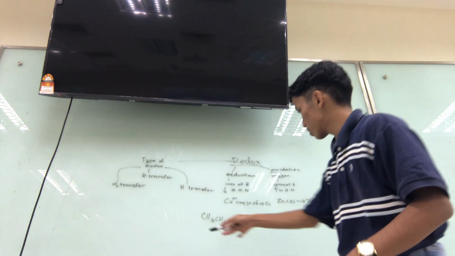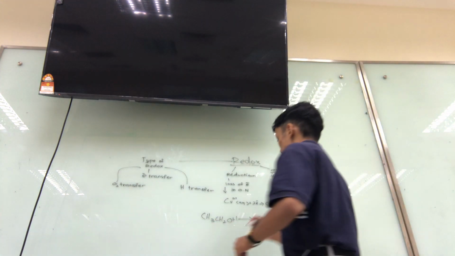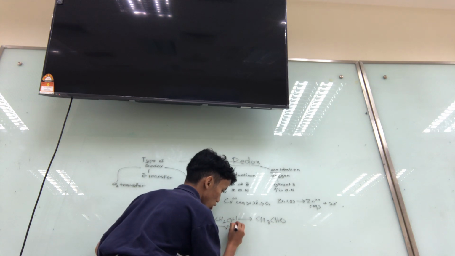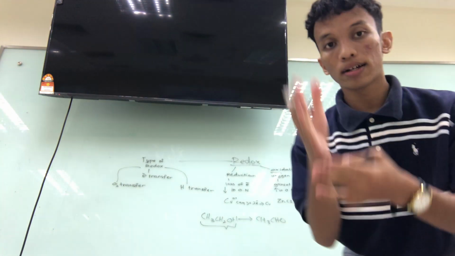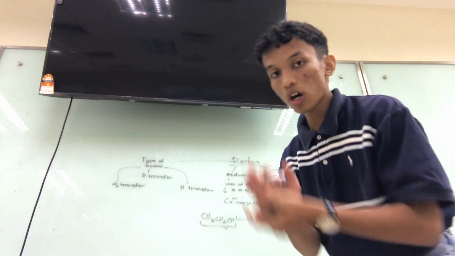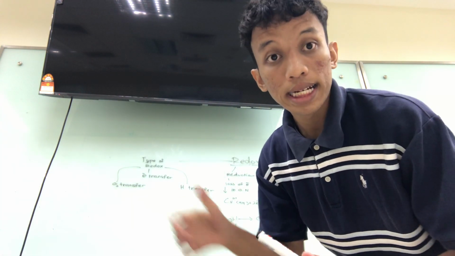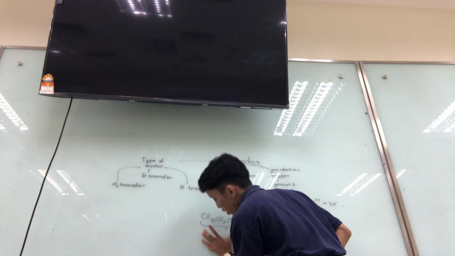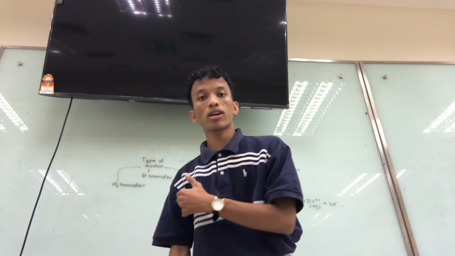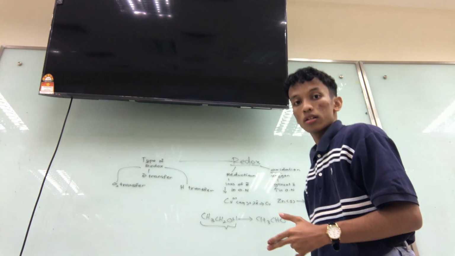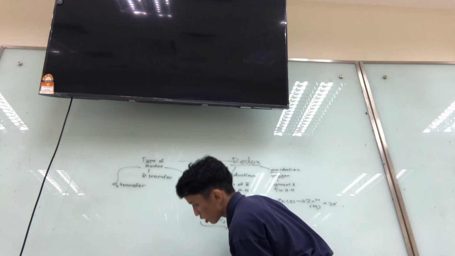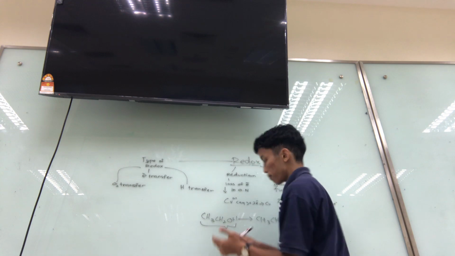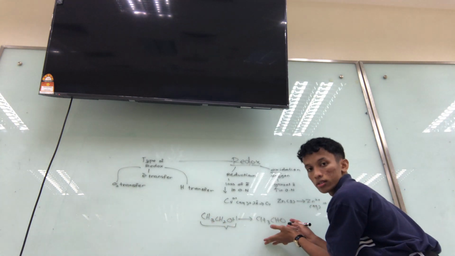As you can see from this reaction, this compound loses hydrogen. As I said before, loss of hydrogen means oxidation reaction is going to take place. So this compound will do oxidation reaction and become this product.